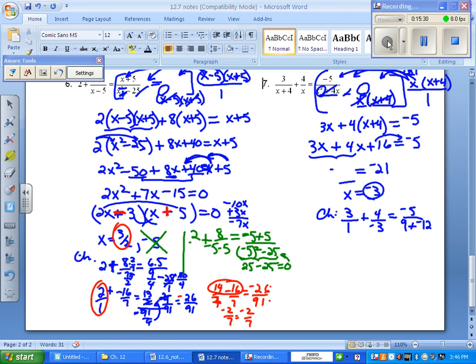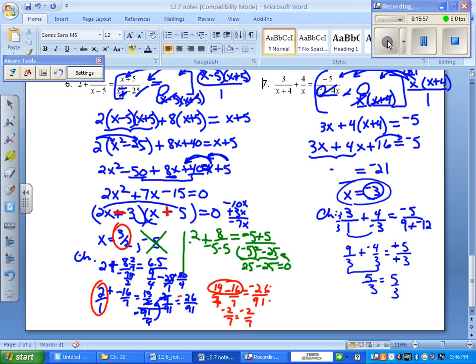If I make this the same denominator, these two have the same denominator, I need to multiply by a 3 over 3. That gives me a 9 over 3, and then plus a negative 4 over 3. This will equal a negative 9 over a negative 3. So adding these two, you're going to get a 5 over 3, and when you have a negative over a negative, it turns out to be a 5 over 3.